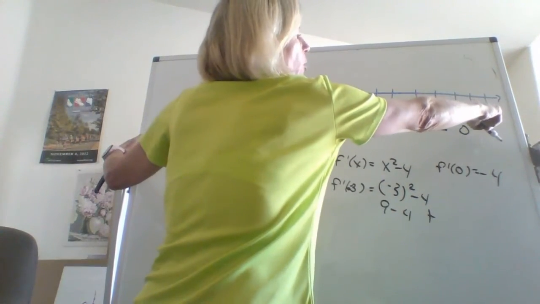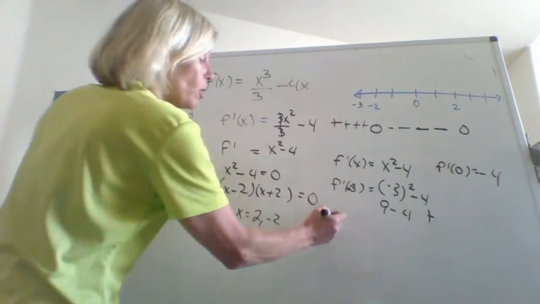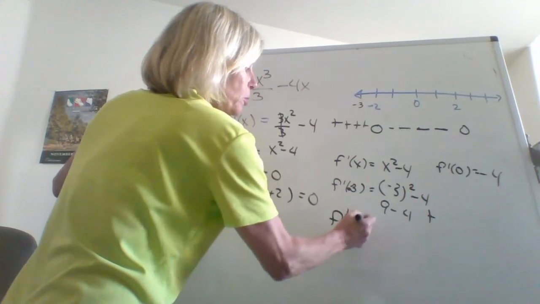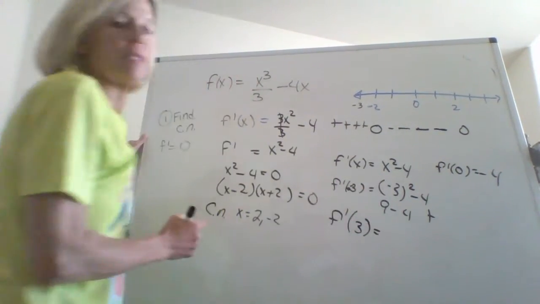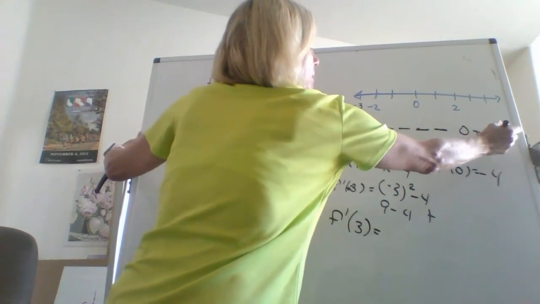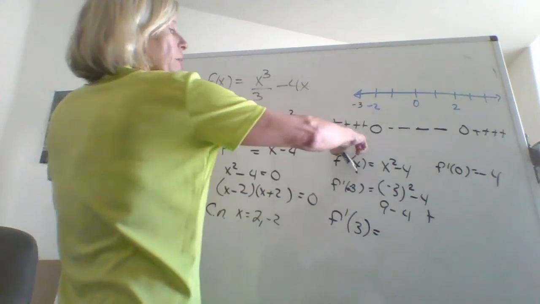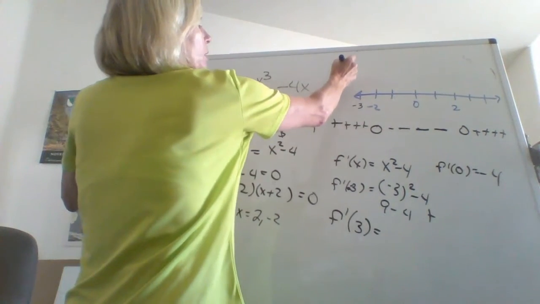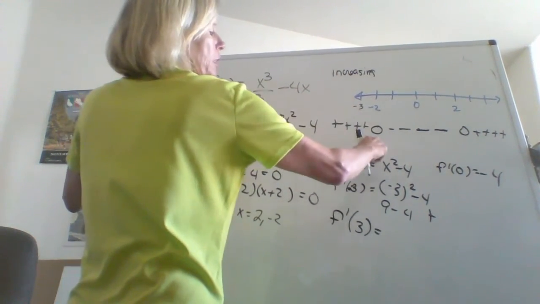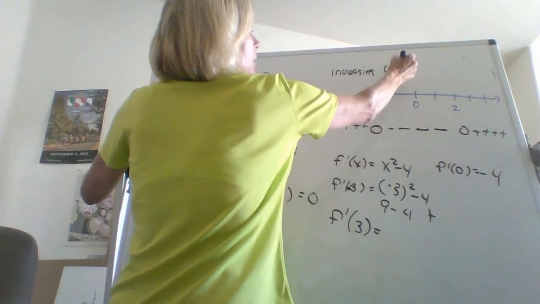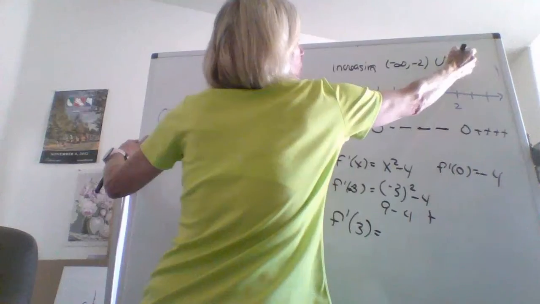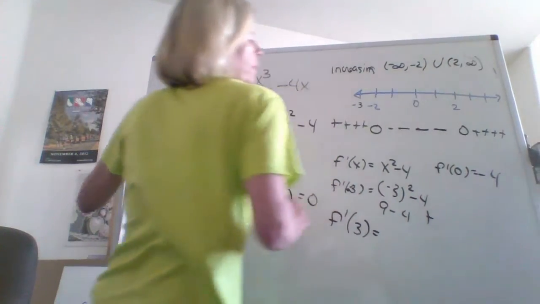If I check a number greater than 2, I'm going to go ahead and try 3 again, because f prime of 3 is going to be the same as f prime of negative 3, positive 5. So my function is increasing on the interval negative infinity to negative 2, union the interval 2 to infinity.